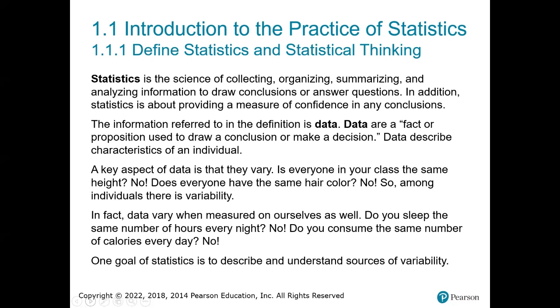The biggest thing to note is that all data is going to be different. No two people or no two items are exactly the same. There are going to be differences between them. So there's going to be what we call variability of that data. We're going to have different answers for different people.